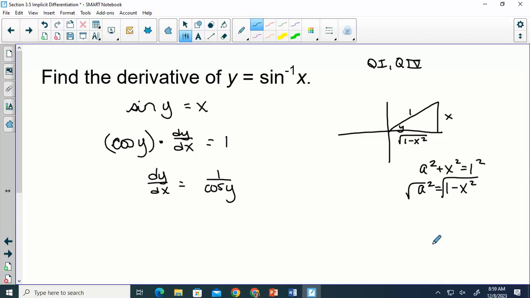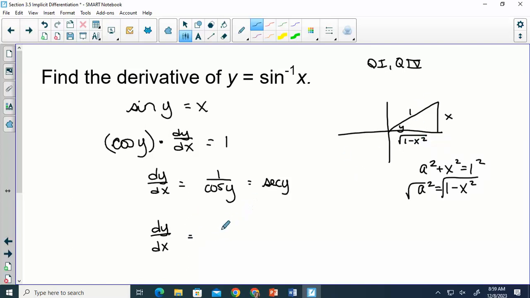Alright. So, my derivative, if I told you I didn't want it with a y, 1 over cosine, that's the same as secant, right? Can you tell me secant from this triangle? Cosine is adjacent over hypotenuse, so secant would be hypotenuse over adjacent.